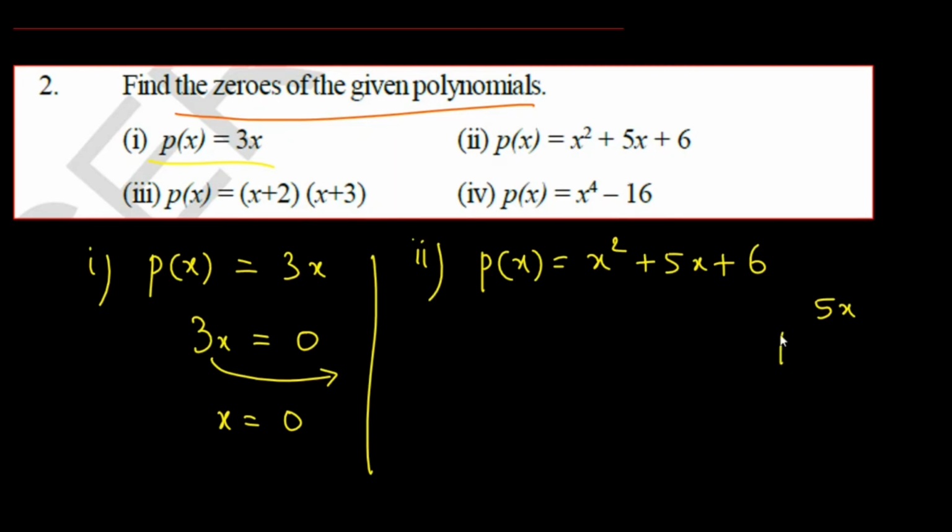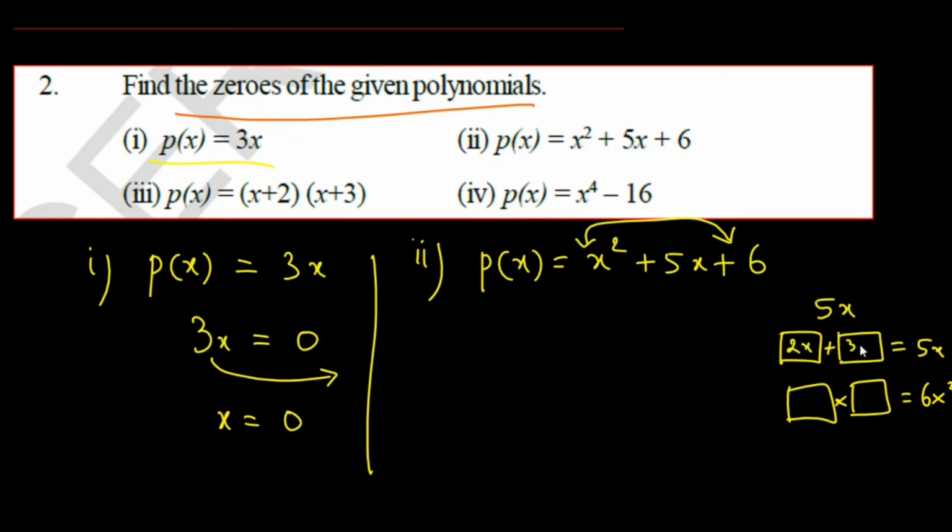We should get two x terms whose sum is 5x, and the product of these two terms should be the product of x square and 6, so 6x square. So we know that we can split it into 2x and 3x. 2x plus 3x is 5x and 2x into 3x is 6x square.